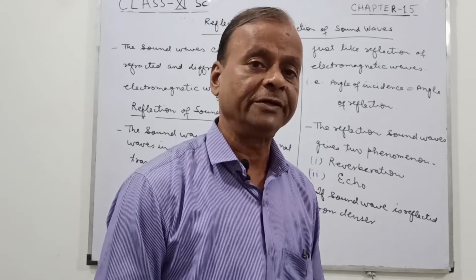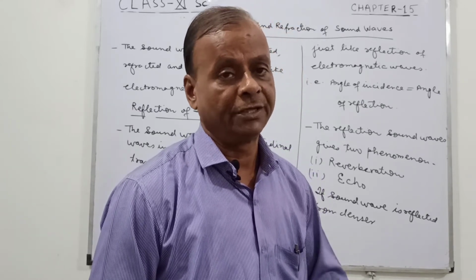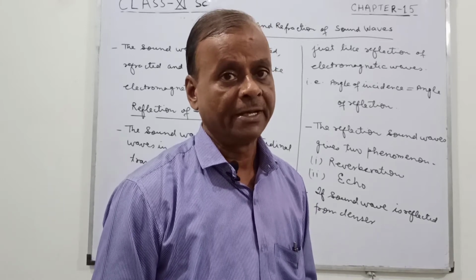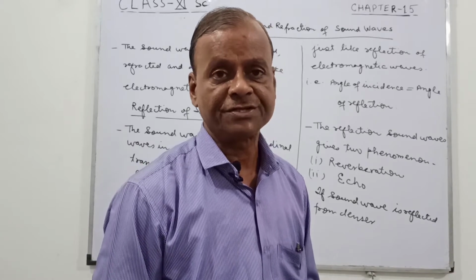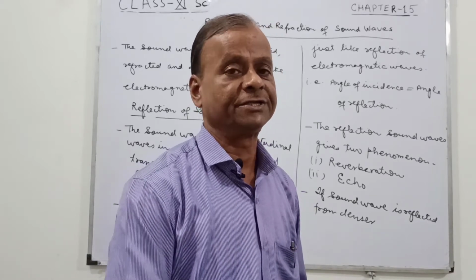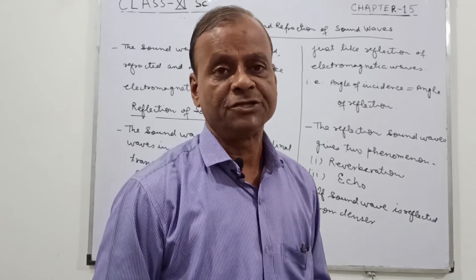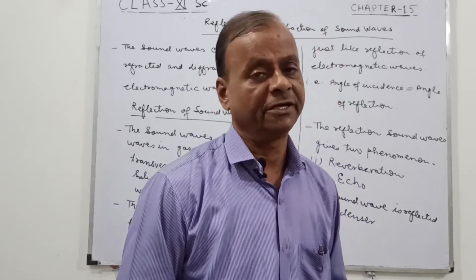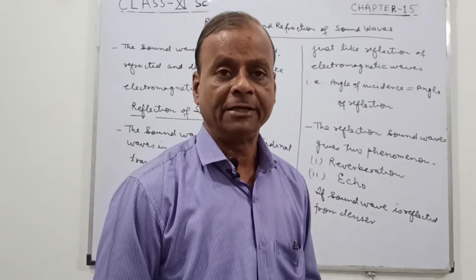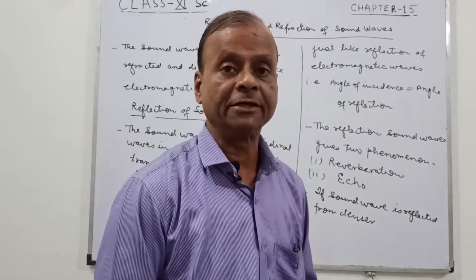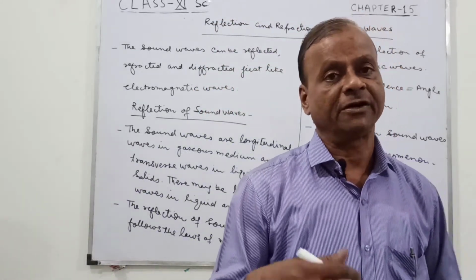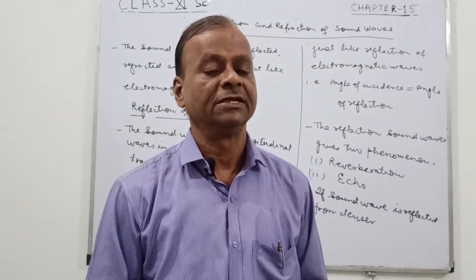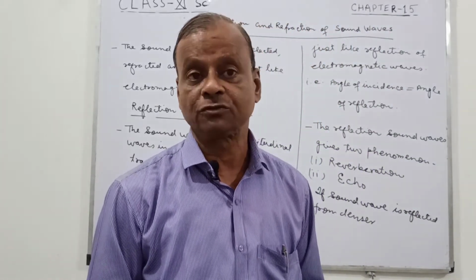So a reflected wave will have the same compressions and rarefactions. If suppose some compression is incident on the water surface, then this will reflect as a compression. So compression is reflected as a compression and rarefaction as a rarefaction. And if it is the transverse wave, then it will be the troughs and crests. If trough is incident on the surface, then reflected we will have also the trough.